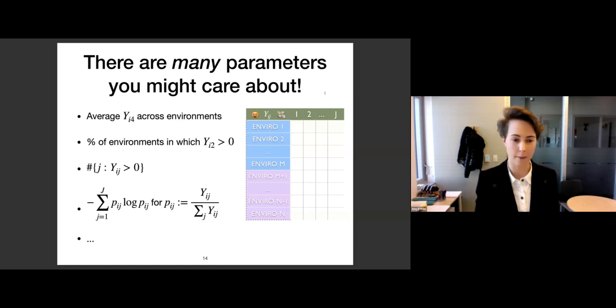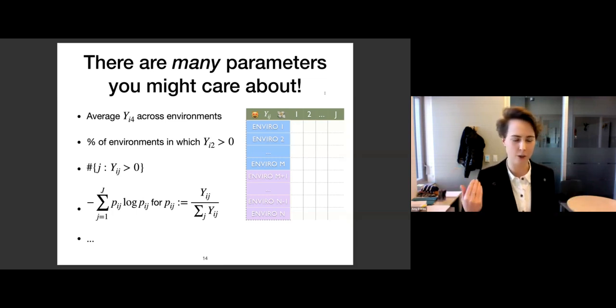Another common microbial parameter is species diversity or species richness, biological diversity. So the number of categories that are present in a given environment. Okay, the number of different species or genomes or genes, whatever it is that's present in an environment. And then the list goes on and on. It can get more complex.